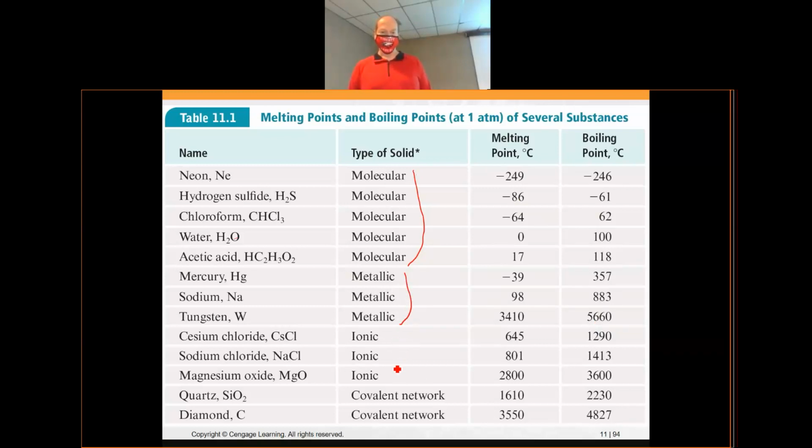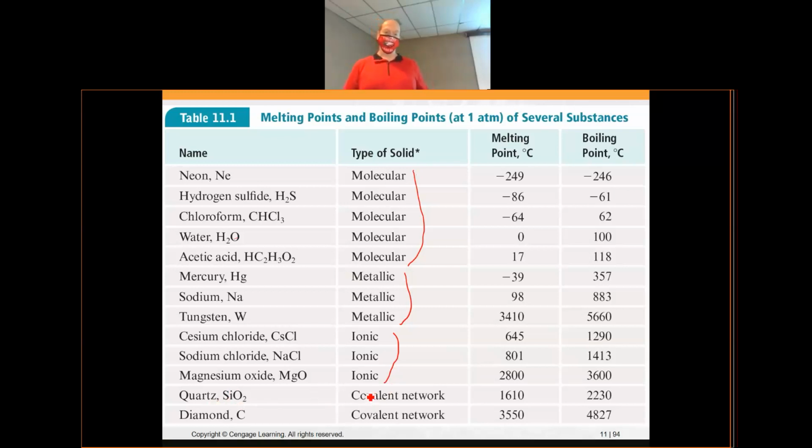Ionic, all right, so this is ionic compounds, so cesium chloride, sodium chloride, magnesium oxide, metal with a non-metal. All right, so these are relatively high melting points and high boiling points. So these have both high melting and high boiling. And then we have quartz, which is a polymerized SiO2, silicon dioxide.